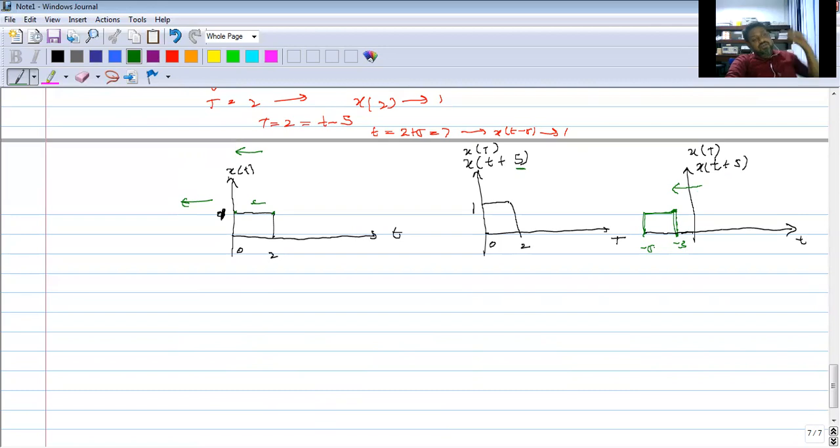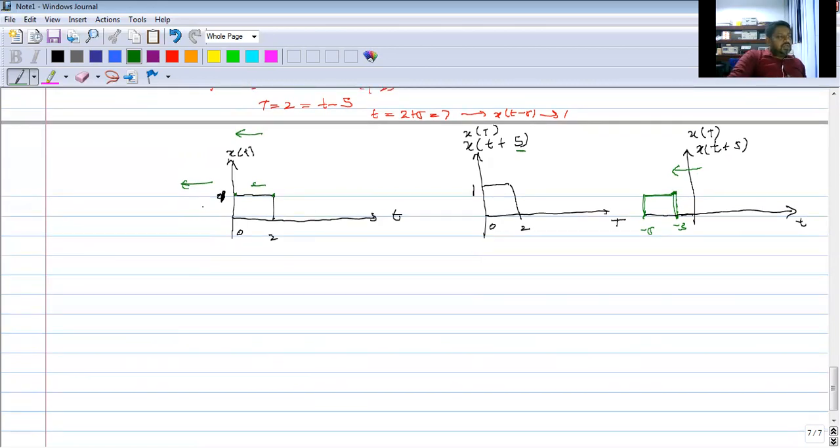Now we want to check whether this is correct or not. In this case, I will only consider this point and this point. I will not consider the middle point. What happened to this point will also happen to the middle point, so I am not going to show it to you.